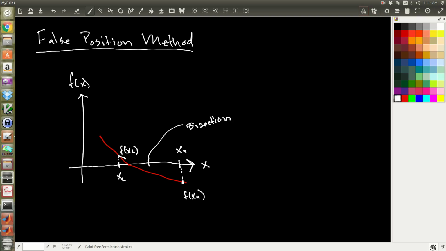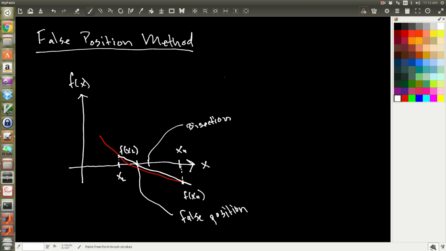So I'm going to just draw a line, this is a bad line, between these 2 points, and where this line crosses the x-axis right here, let's let that be our approximation for the root. So this is the false position method. So that's the false position method's approximation for the root.